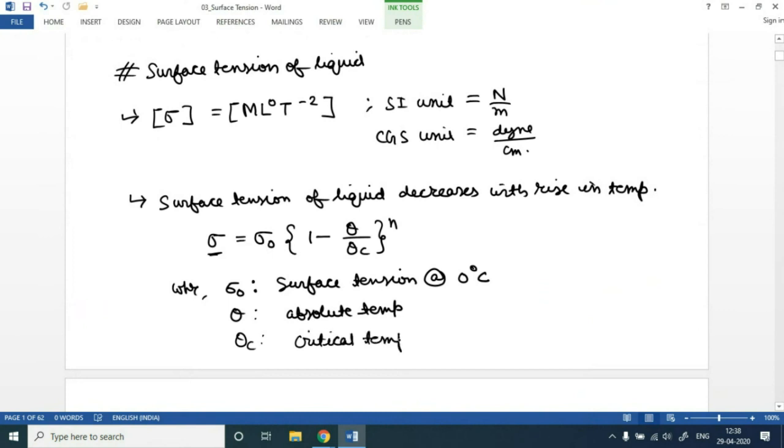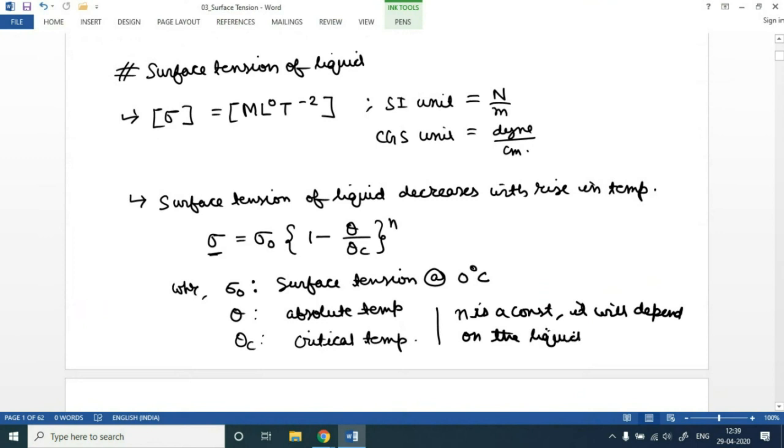Critical temperature means where the interface between liquid and its vapor phases will disappear. I hope you understand the meaning of critical temperature. And the exponent n is a constant, and it will depend on the liquid itself, like what liquid we are taking.